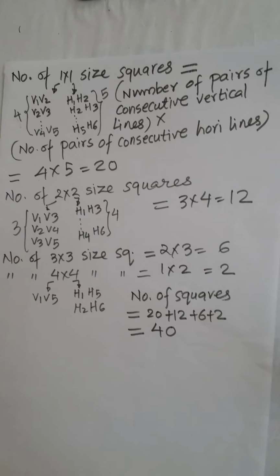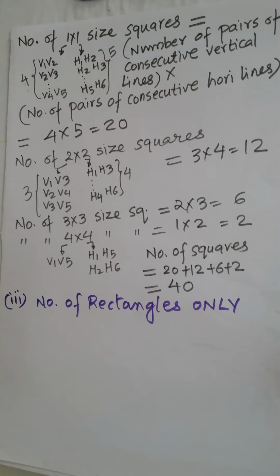So another part, the third part of a question, may be defined like: how many are only the rectangles that can be formed? Rectangle only means it obviously doesn't contain the number of squares that we did in the beginning. So the number of rectangles only means what?